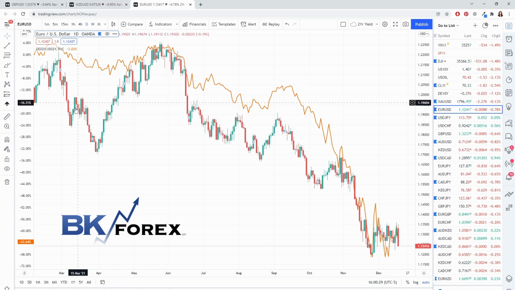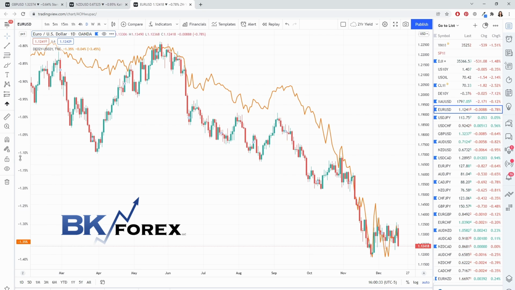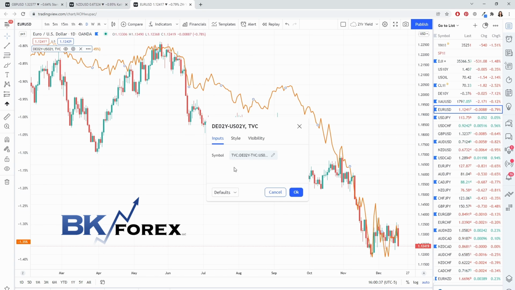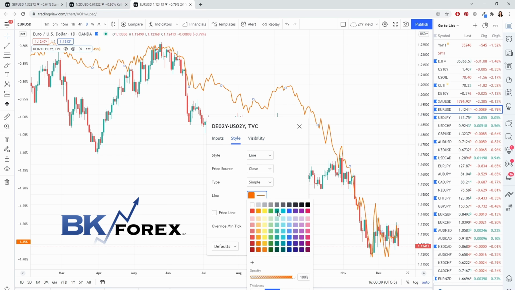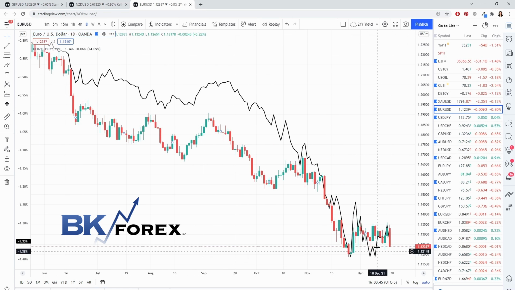The orange line is already on the other side, and I'm also going to make it the regular yield spread quote. And if you want, you can change this to a more visible color like black. That will make things easier to see. So as you can see here, we just added the German 2-year yield spread against the Eurodollar, and can see how it predicted the price action on Friday.